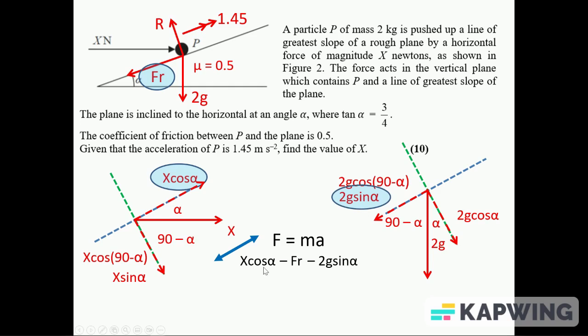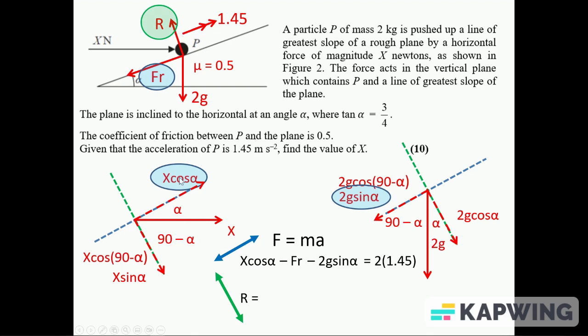So that's the total force acting on the particle. The x cos alpha in the positive direction, minus the friction, minus the 2g sine alpha, because they're both going down the plane in the negative direction. That's equal to ma, 2 times 1.45, since the mass is 2. If you look at the forces perpendicular to the plane, the R is going up to the left.